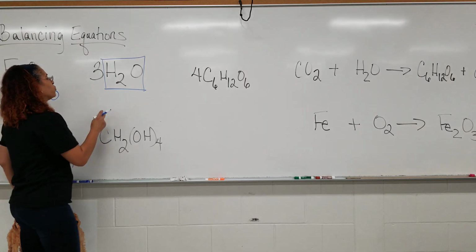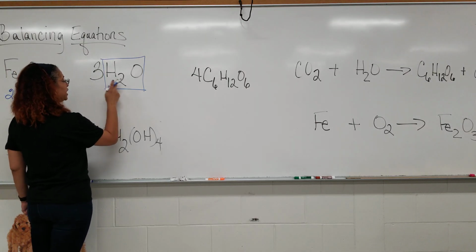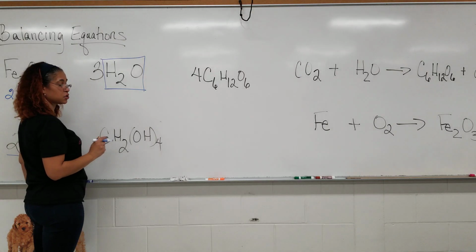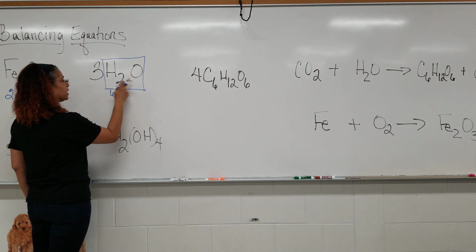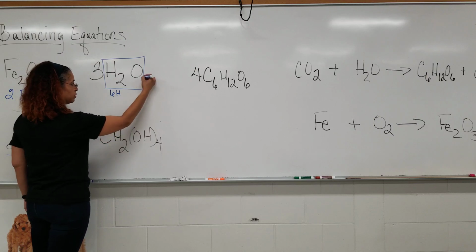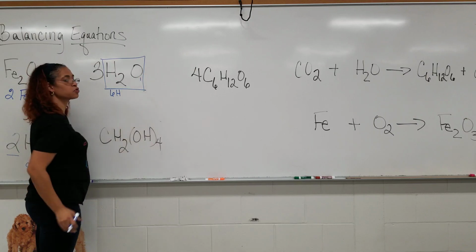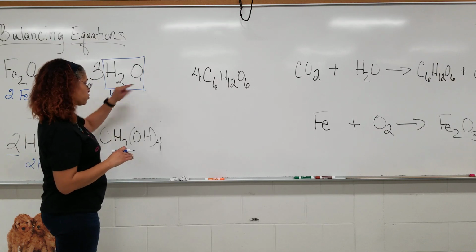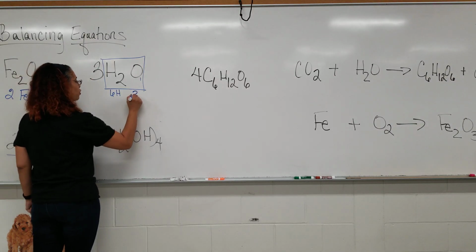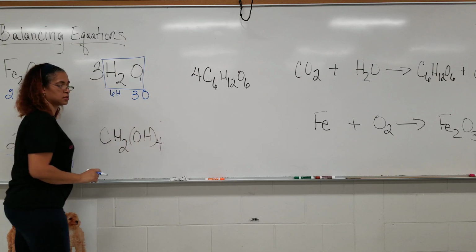Well, we would need 3 times 2 is 6 hydrogens, and 3 times 1, remember, the subscript is assumed 1 if there is no subscript there. 3 times 1 is 3 oxygens.